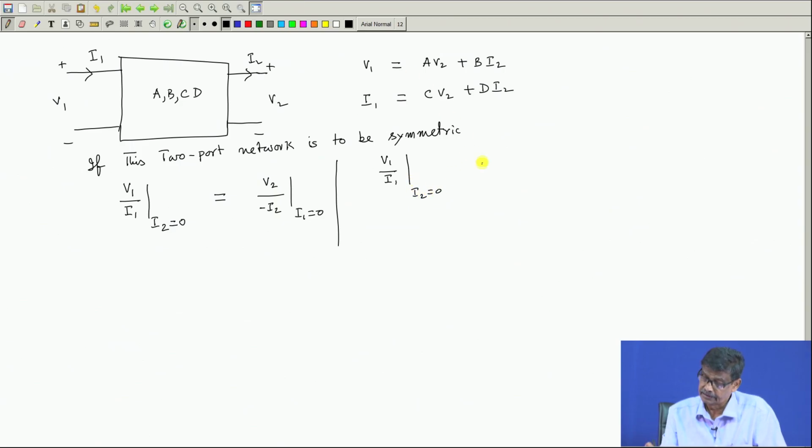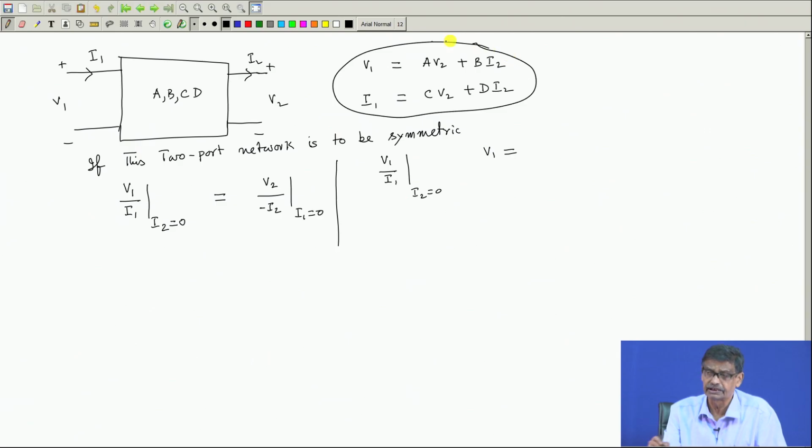So, what do we get? With I2 equal to 0, V1 from the first equation, these are the fundamental equations for the general case, is equal to A V2 plus 0, I am not writing that, since I2 is equal to 0.